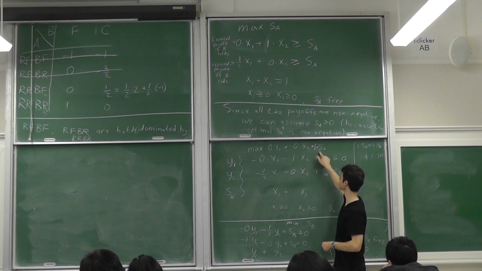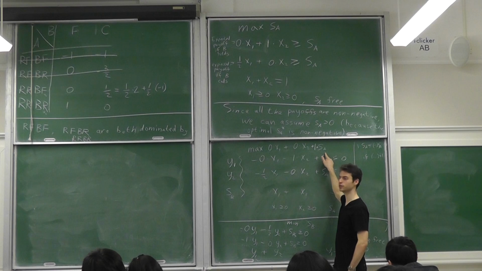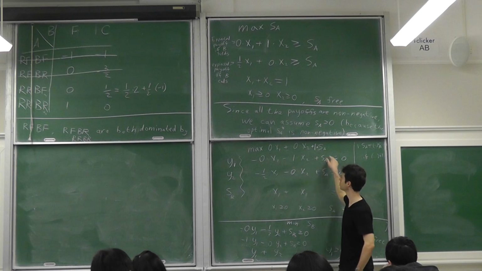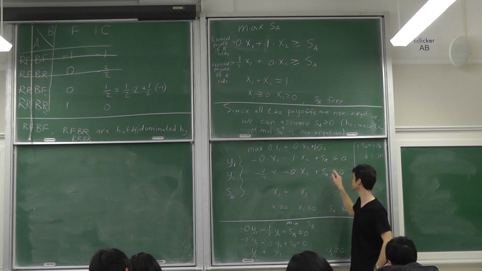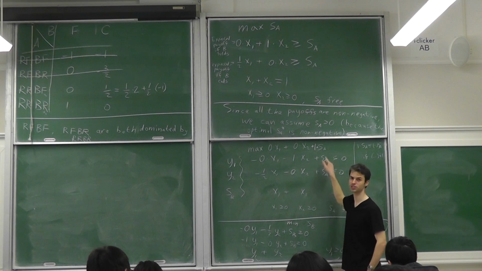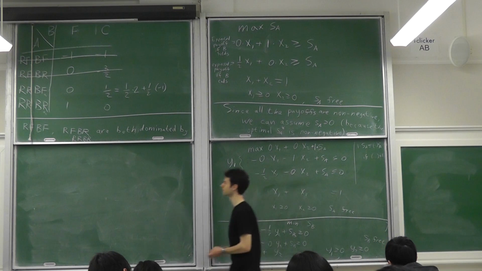So if this number can be positive or negative, you can't guarantee that the objective function will be smaller than the linear combination unless you make the coefficient exactly match here and in the linear combination.